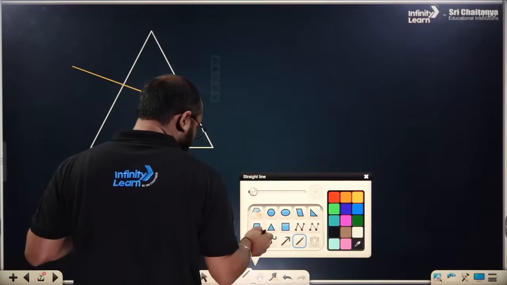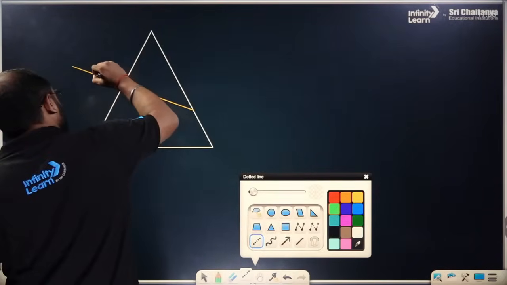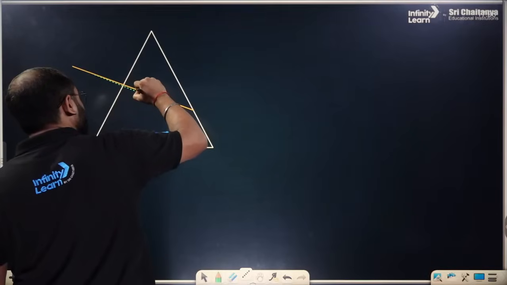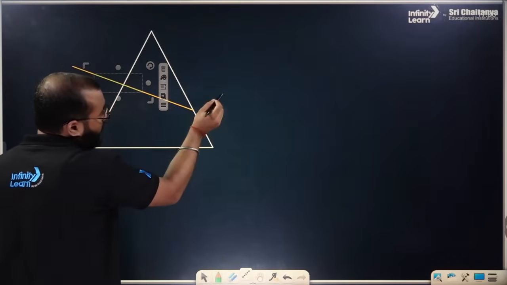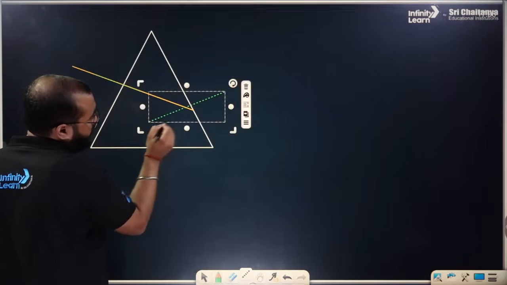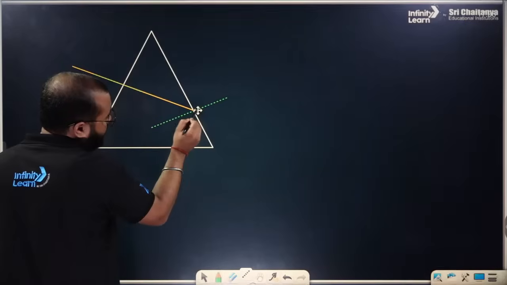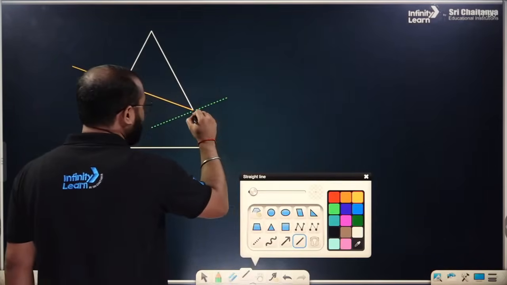Just now we have seen it is overlapping the first incident. When we talk about the first face, it is overlapping with the normal. And when we talk about the second one, it will be like this. It is 100% going to be bent this way.